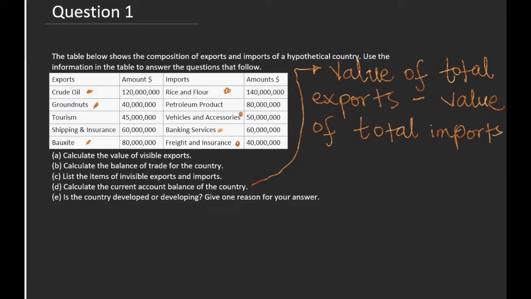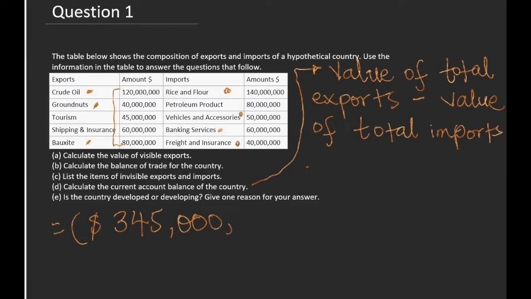What is the value of total exports? We did that earlier. The total exports, if you sum everything up here, will give us about 345 million.